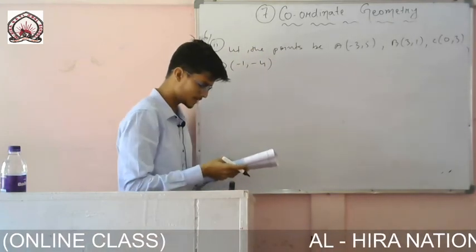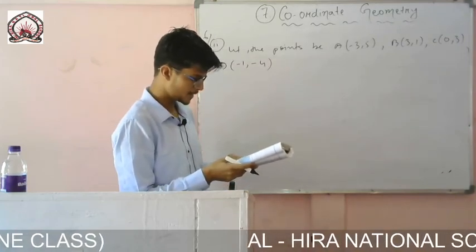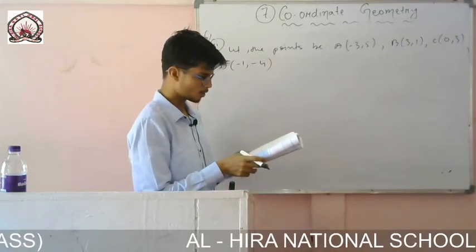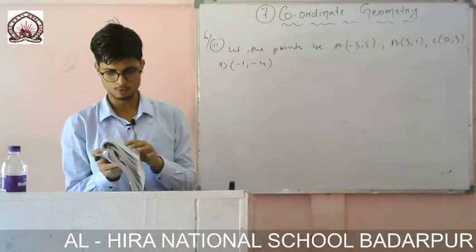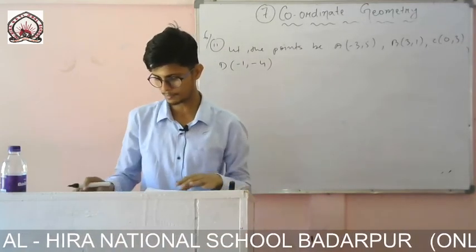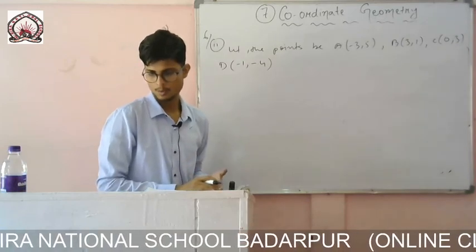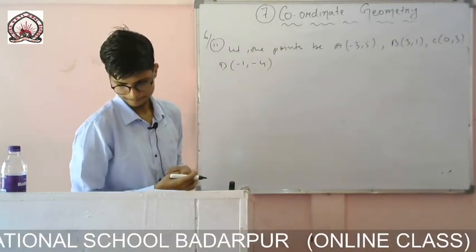Let the points be A (minus 3, 5), B (3, 1), C (0, 3), and D (minus 1, minus 4). So now, like earlier, we will use the distance formula and go on finding one by one.